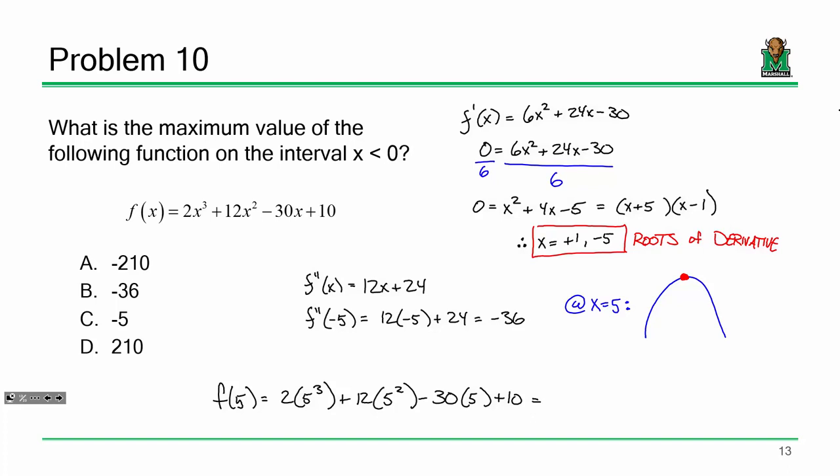Let me see. These two are minus. Wait, now it's 410. Did I write something down wrong? Let me see something. Oh, now I know the problem.